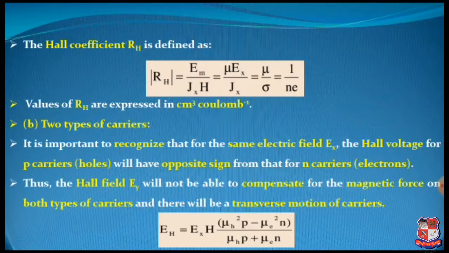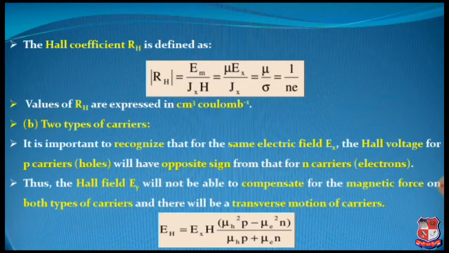So substituting the value of Em, that is equal to mu Ex, upon Jx, it is equal to mu upon sigma, is equal to 1 upon n into e. So this is the simple algebraic calculation of Hall coefficient. Em upon H is converted into mu into Ex, Jx is equal to sigma into Ex, so numerator Ex and denominator Ex are cancelled out.